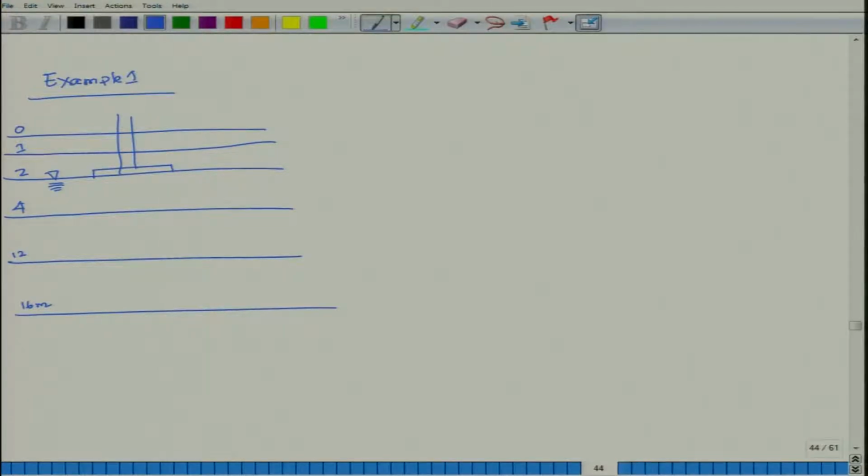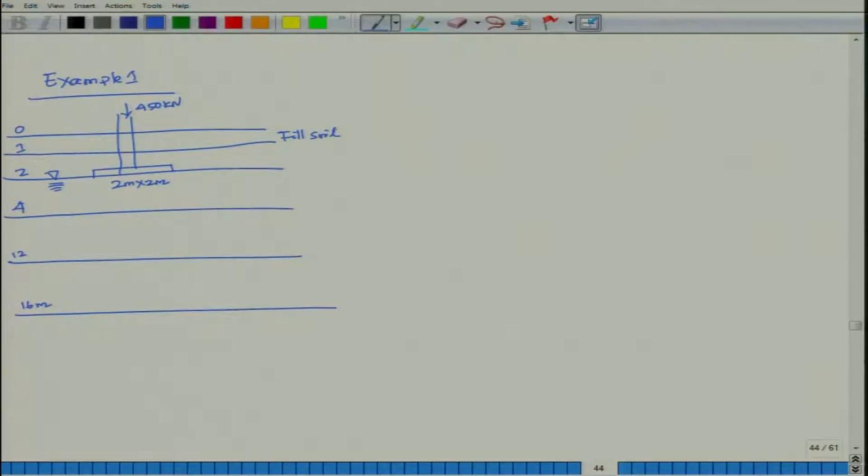So, the size of this foundation is 2 meter by 2 meter. Load is coming 450 kilonewton, and 0 to 1 meter is your fill soil.